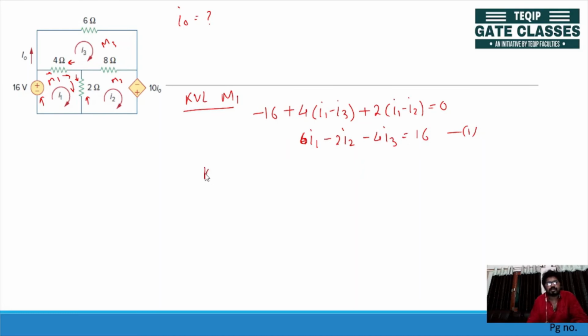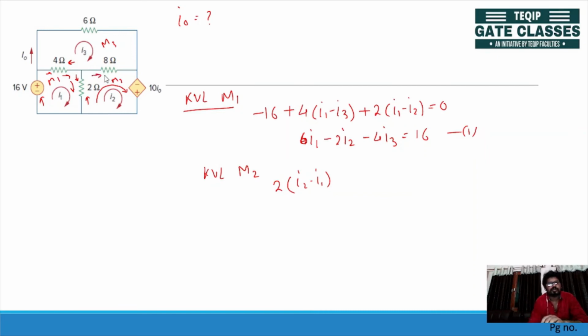Okay, now apply KVL in mesh 2. Start with this. We are traveling like this. Okay, so 2. What is the current? Now we are traveling like this, so I2 is supporting our path, so we'll write I2 minus I1 instead of I1 minus I2. Okay, so here in 8 ohm we are traveling like this.